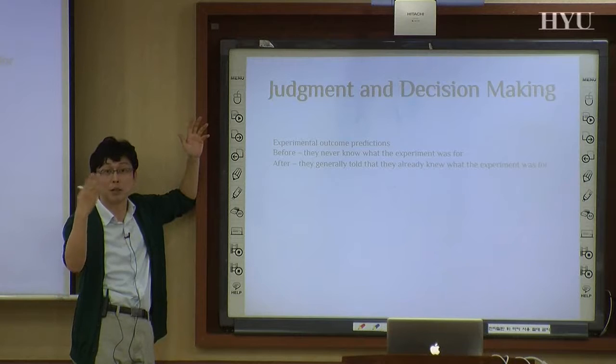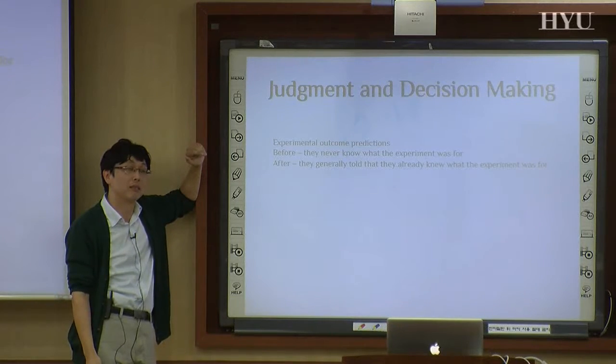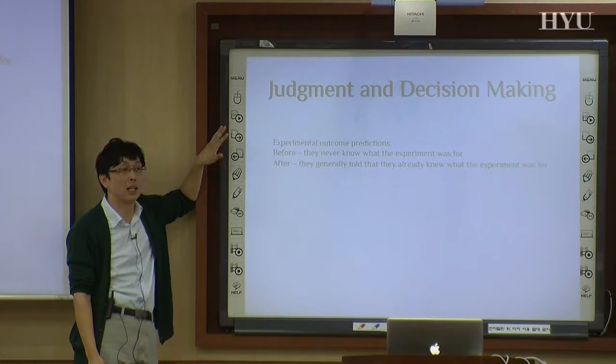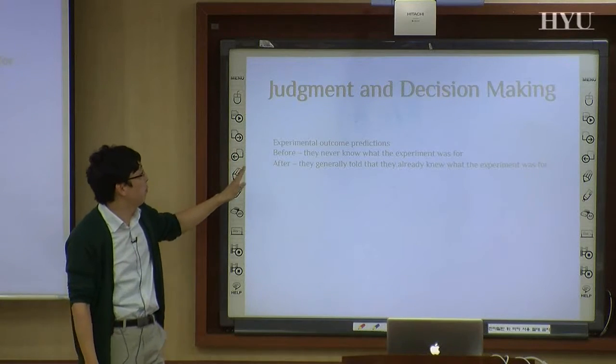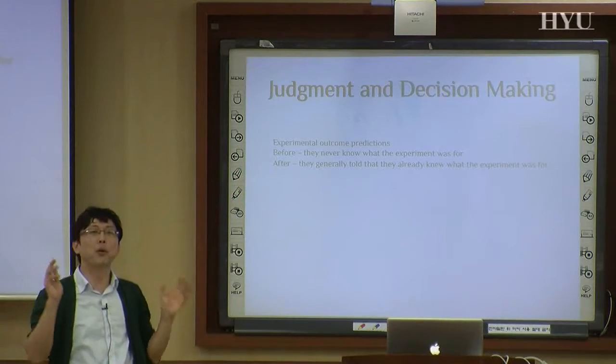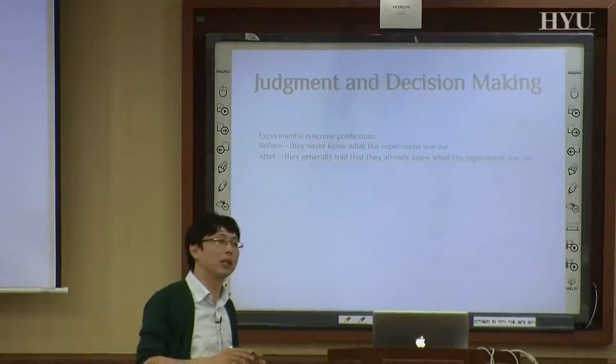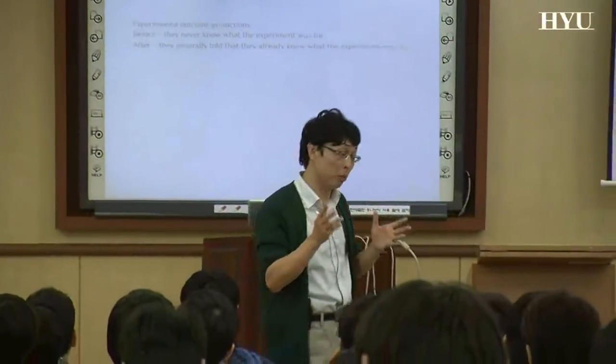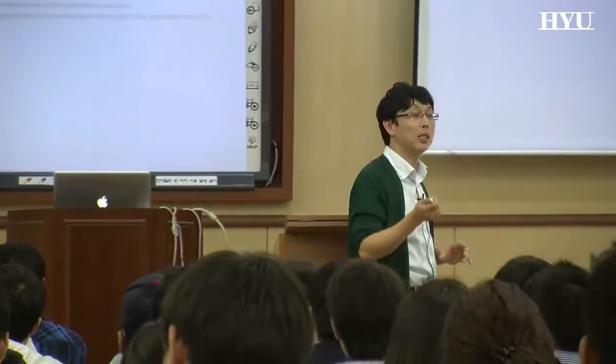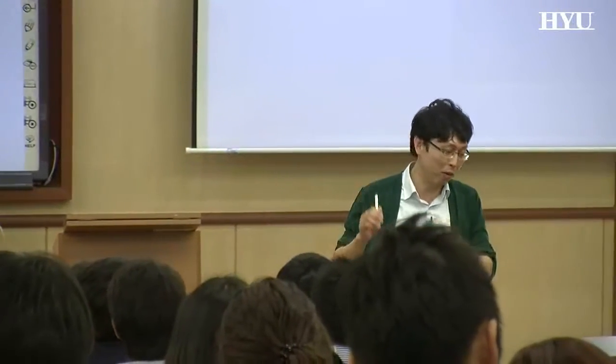Okay, so I explained to many of you, and then this one comes up, say, like before the experiment. Normally before the experiment you never know what the experiment is for. That's what most people say. But after the experiment, I found that many of you already knew what the experiment was for.